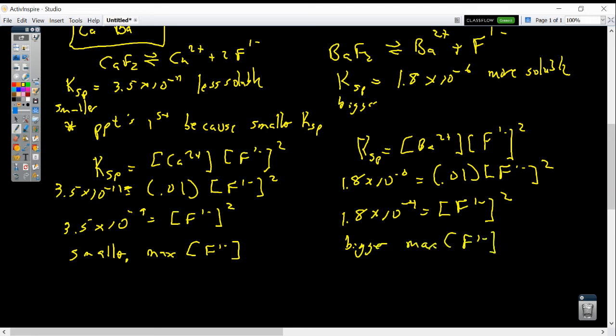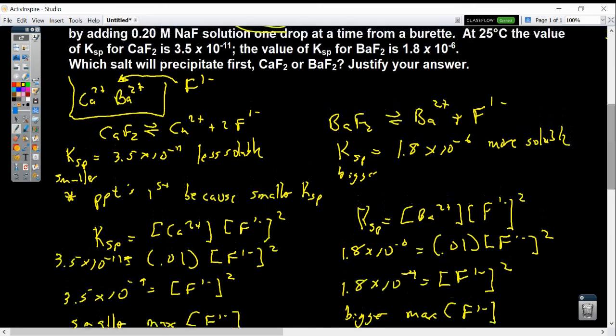So if we go way back up to my little pictogram, if we add fluoride in, calcium is going to bind up with the fluoride, barium is going to hook up with the fluoride, and as the concentration of fluoride builds, starting at 0 and slowly building up, it's going to reach the calcium level first before it reaches the barium level.